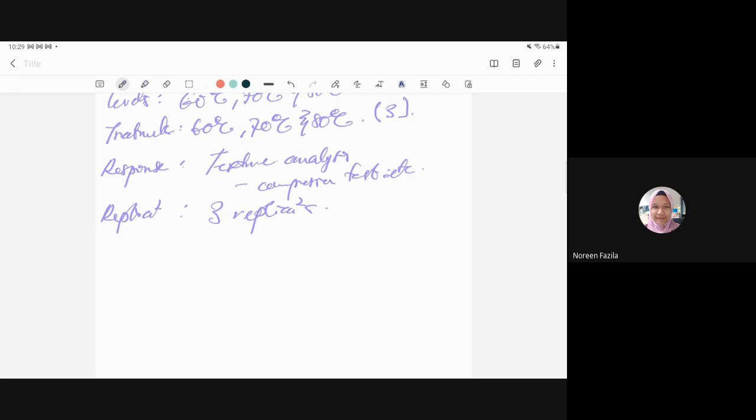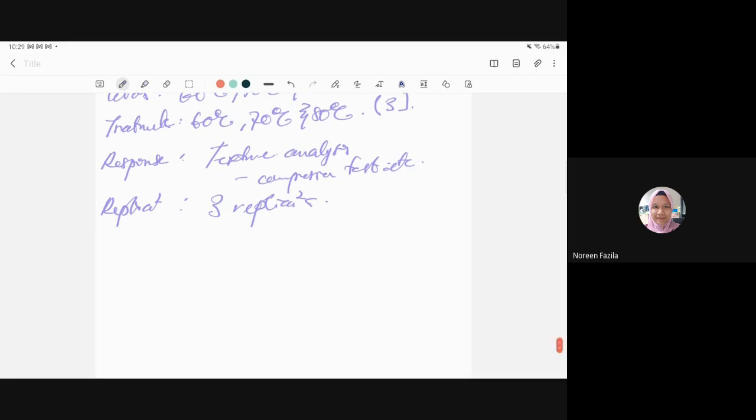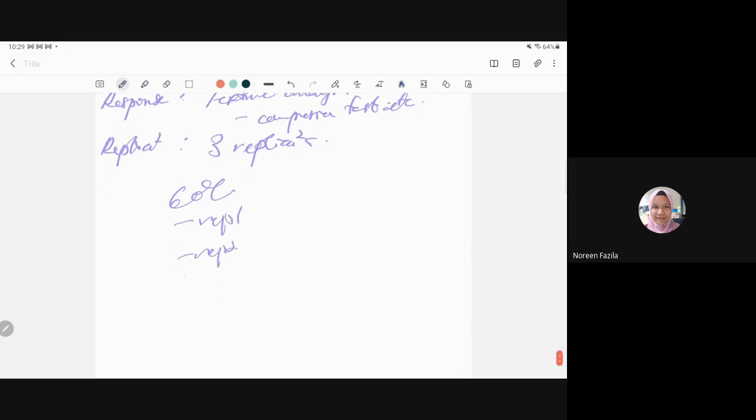Usually what students will do is first they will do 60 degrees C: Rep 1, Rep 2, Rep 3. Finish. And then they will do 70 degrees C for Rep 1, Rep 2, Rep 3.